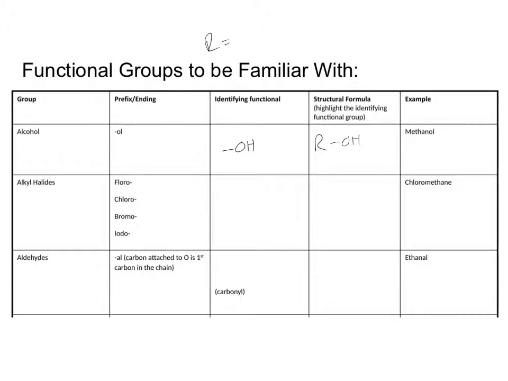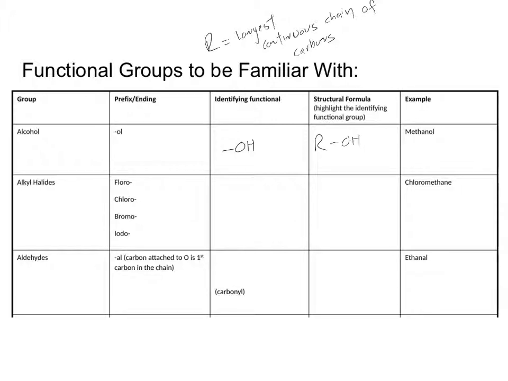R is a generic indicator of the actual parent chain, or the longest continuous chain of carbons in the hydrocarbon.